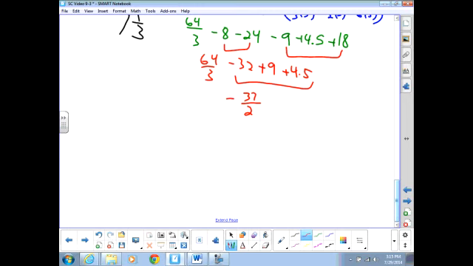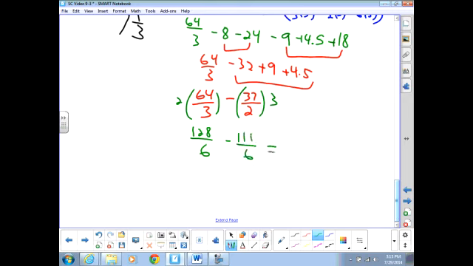And that's negative, by the way, because the negative 32 controlled the value of that. And if we get a common denominator, we'll multiply this one by 2. We'll multiply this one by 3. We'll get 128 over 6 minus 111 over 6, which in the end will give us 17/6.